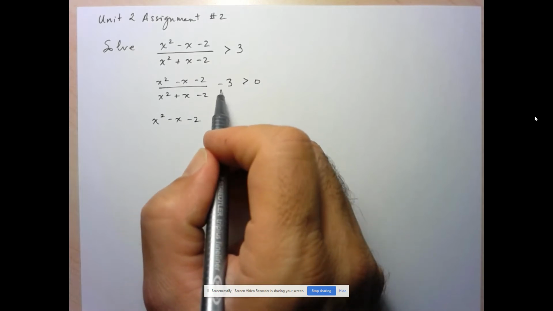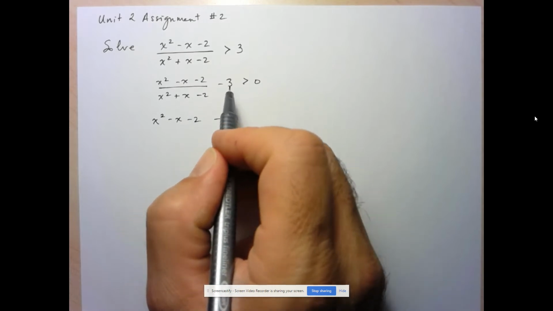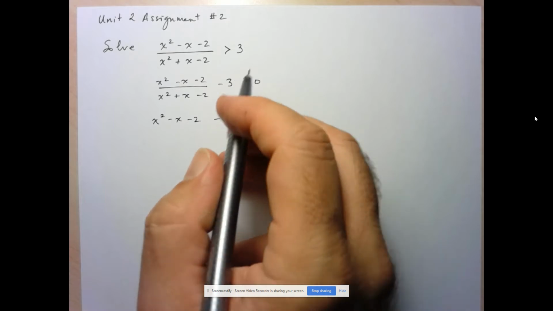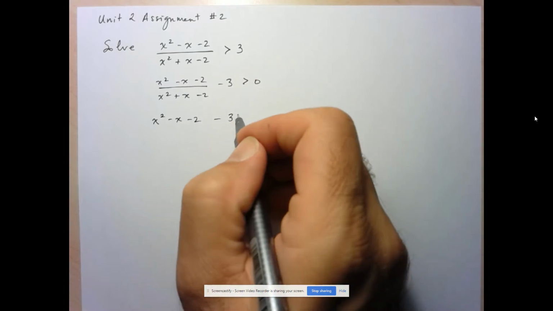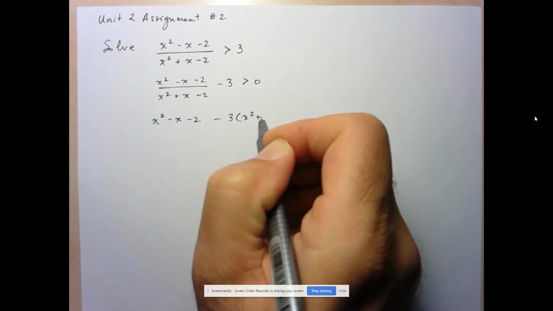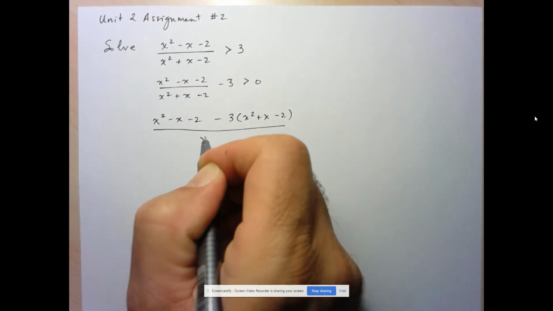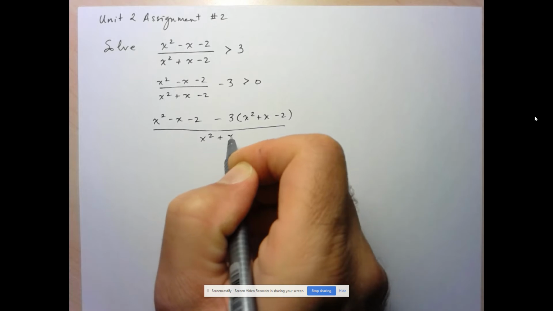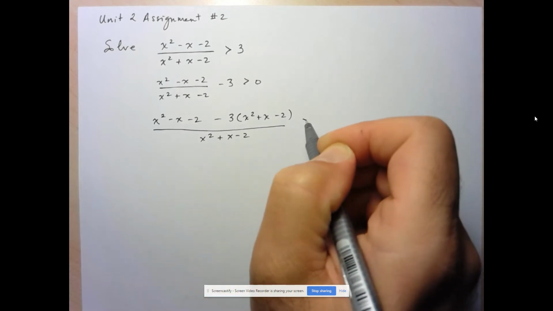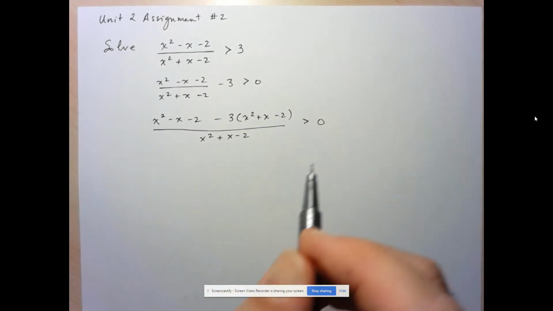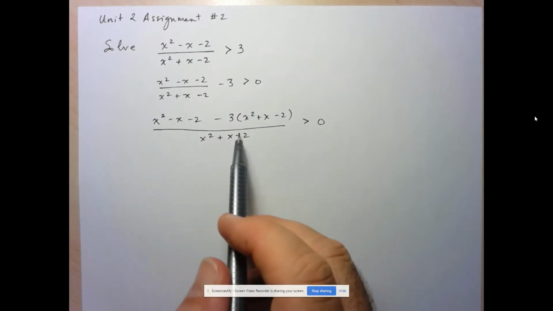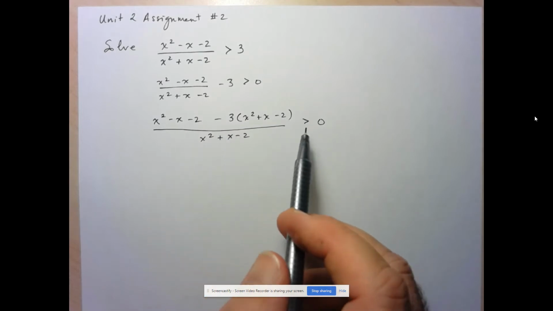So if I want to have x squared plus x minus 2 in the denominator here, I also need to multiply the numerator by that expression. So 3 times x squared plus x minus 2 all over my common denominator. All right, and so now what we have is a single rational expression, and we need to determine when it's greater than 0.